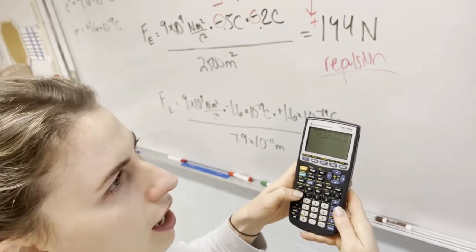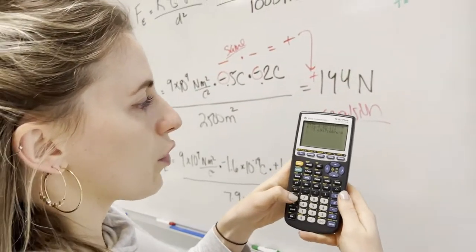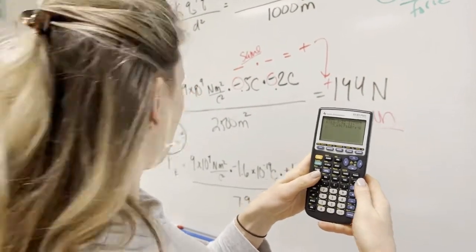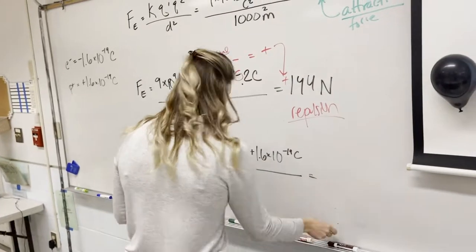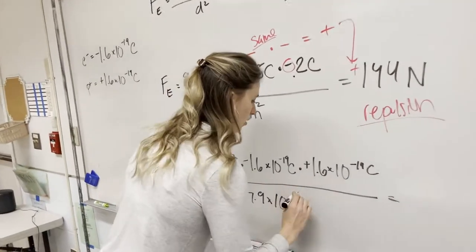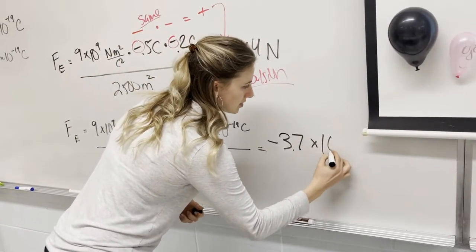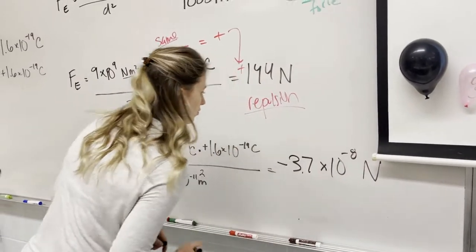Okay, and I get, let's see, what is the force? Negative 3.7 times 10 to the negative 8th newtons.